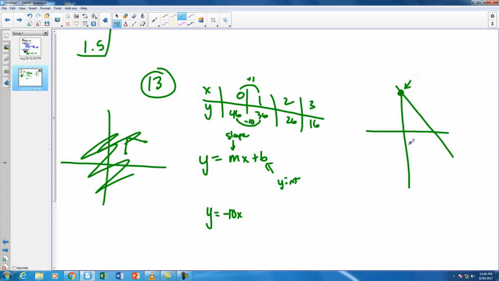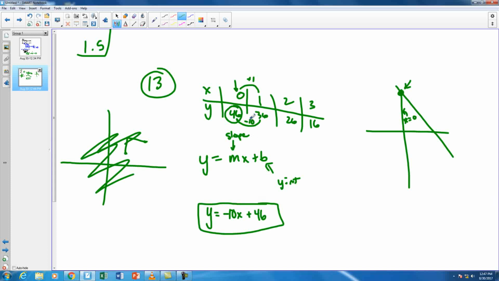What's the value? Well, if I think about this line, the y-axis, I know that everywhere on there x will equal 0. X must be 0 on this line. And if x must be 0, then if I go to where x is 0, I'll know what my b value is. So this is plus 46.